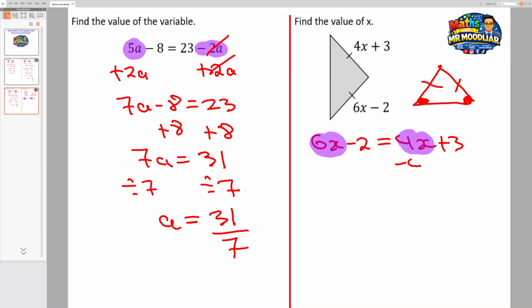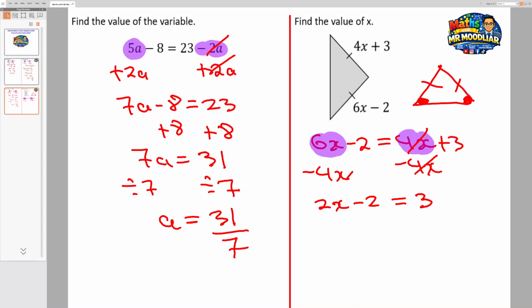So take away 4x both sides, and then the 4x on the right-hand side will cancel out. On the left-hand side, we have 6x take away 4x, that will give you 2x minus 2 is equal to 3.